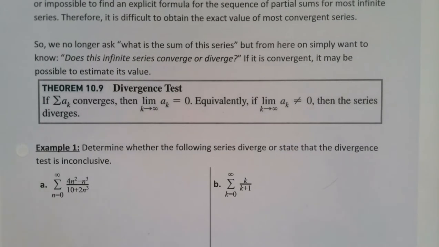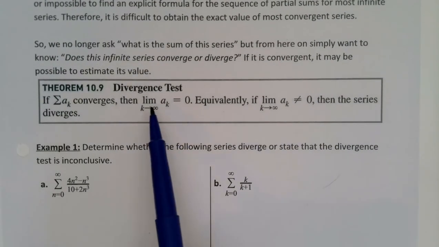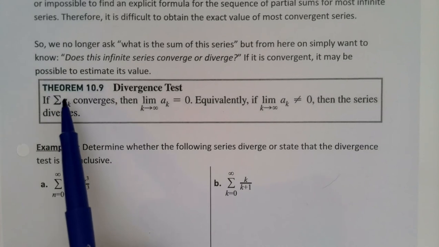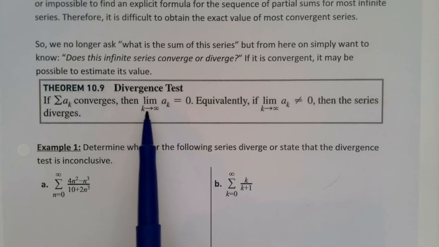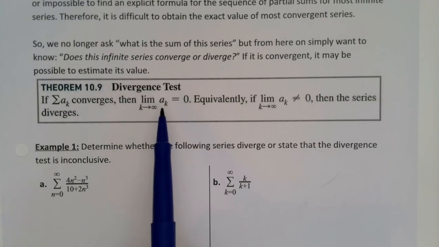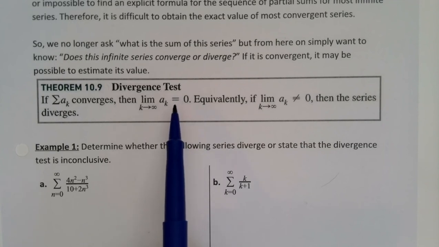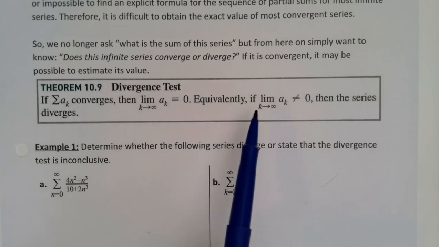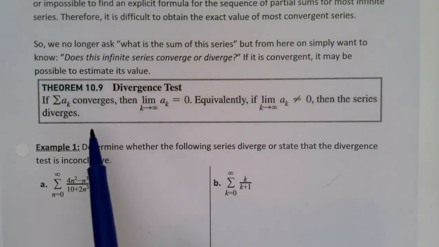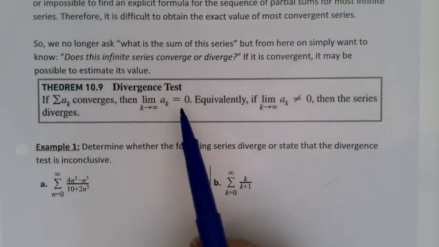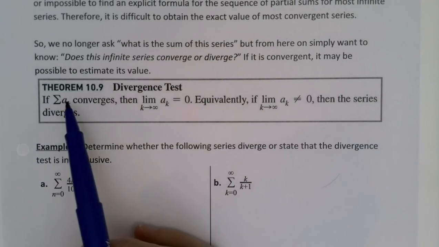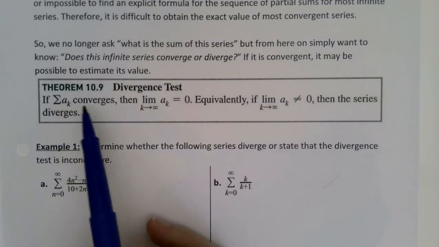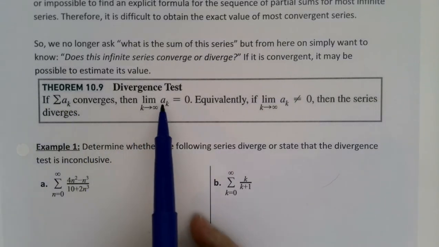The divergence test says that if the series converges, then the limit of the sequence values is 0. Equivalently, if the limit is not 0, then the series diverges. What they're saying is, if an infinite series is going to converge, then the values of the sequence have to be shrinking.